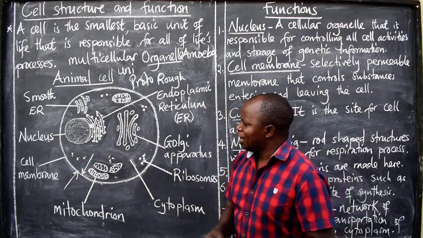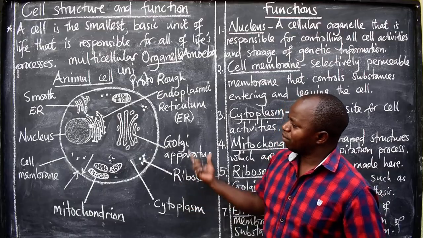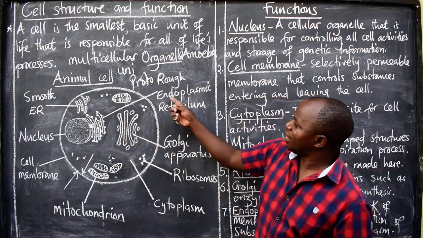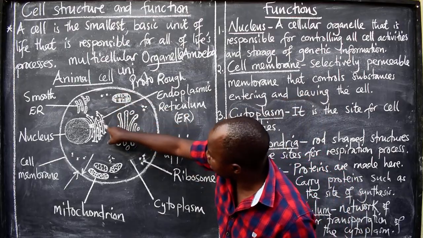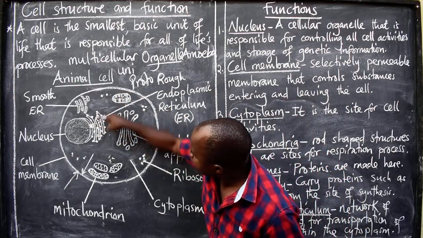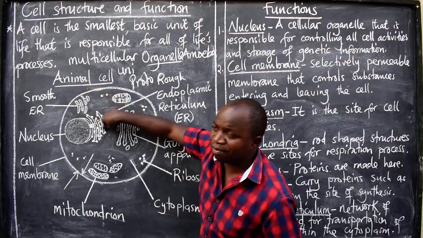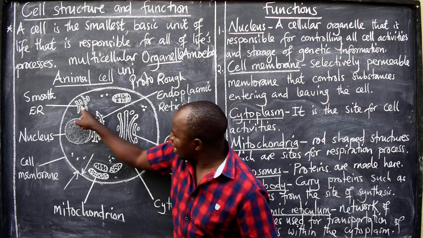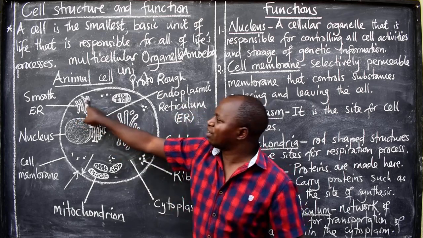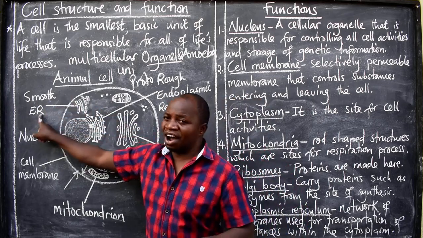So now, we have ribosomes that are attached to the ER. Okay? We have ribosomes, as you can see here. But this ER here doesn't have ribosomes. That is the reason why we say the ER that doesn't have ribosomes is called smooth ER.